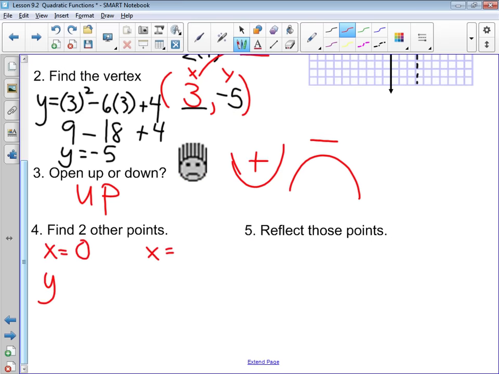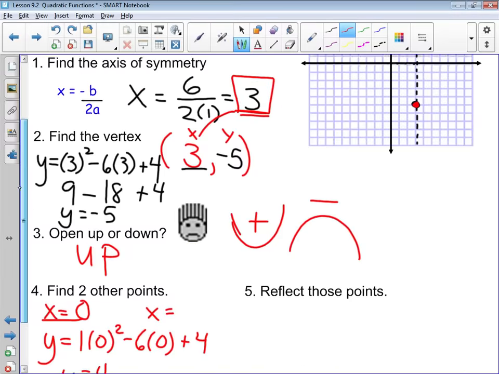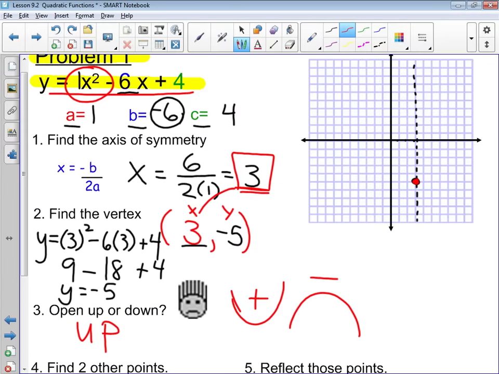So y equals 1 times, replace x with 0, minus 6 times 0, plus 4. 0 squared is 0, times 1 is 0, minus 6 times 0 is 0. I'm left with 4. So one other point on the parabola is 0, 4. So I go to my graph, and I graph 0, 1, 2, 3, 4.